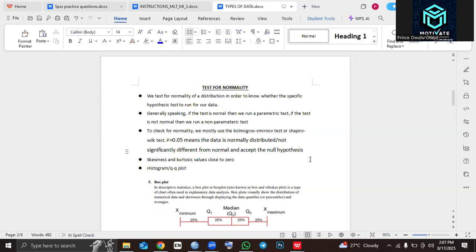So let me explain this statement. Before you begin any hypothesis testing, you first have to get your hypothesis. What do I mean by your hypothesis? Your hypothesis is your query.